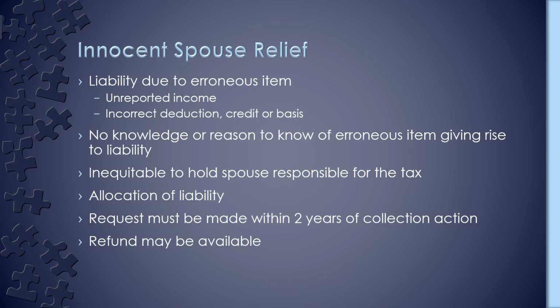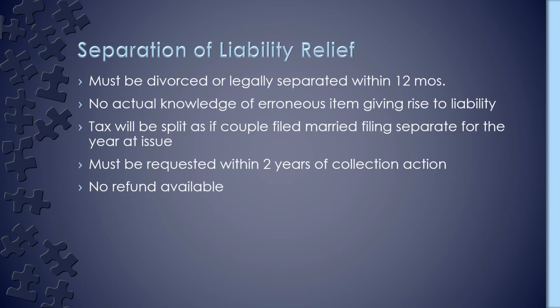All right, so let's talk about separation of liability relief. This is similar to requesting that the taxes be allocated as if you filed separately, but there must be a return jointly filed and some erroneous item on that return that gives rise to this understatement of tax.